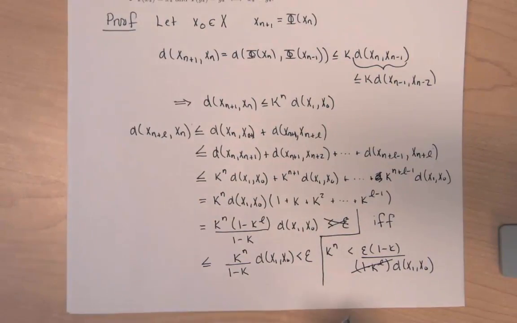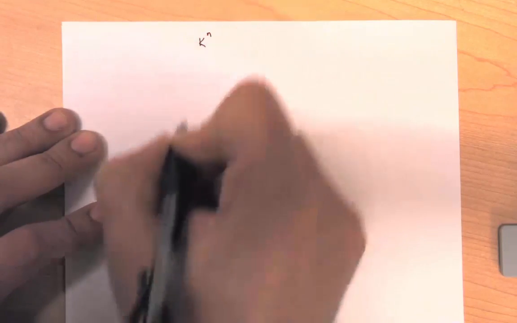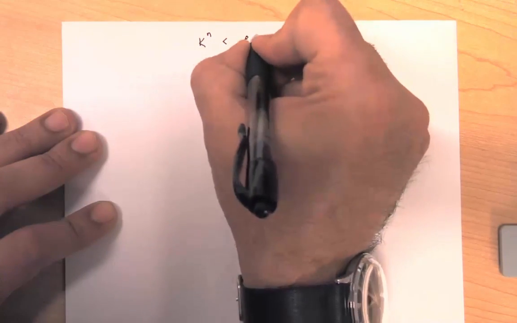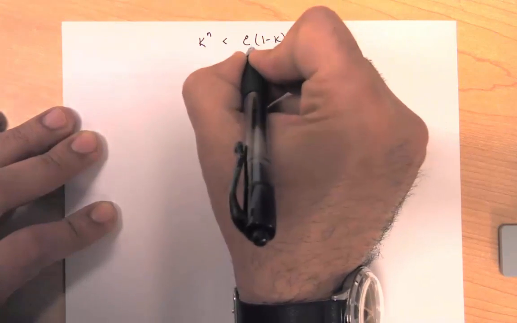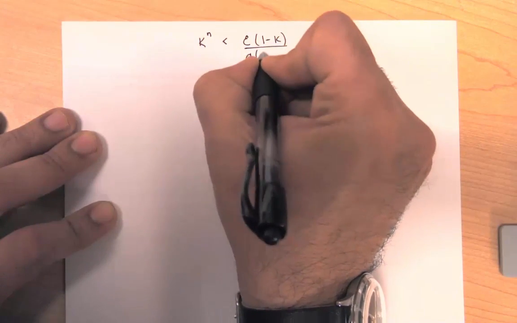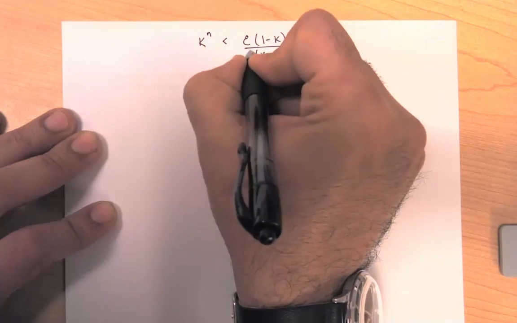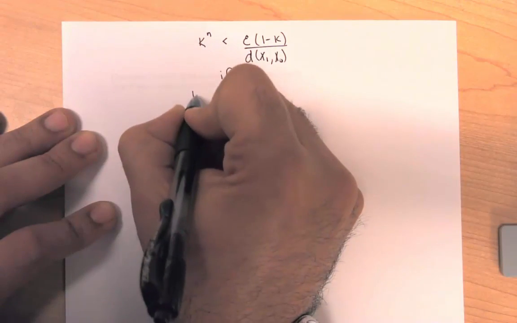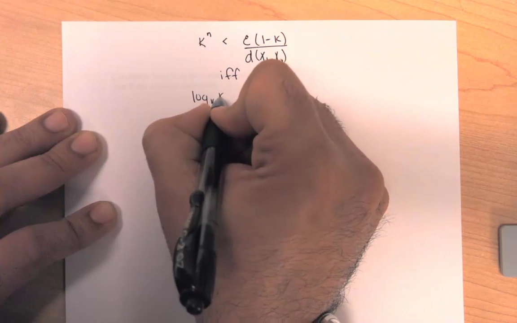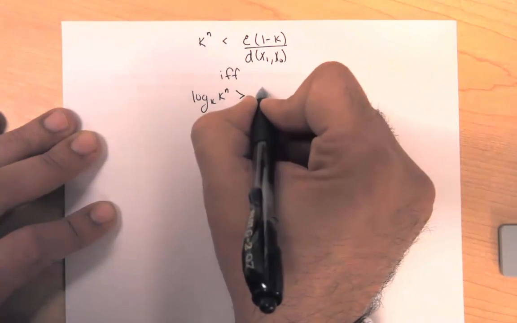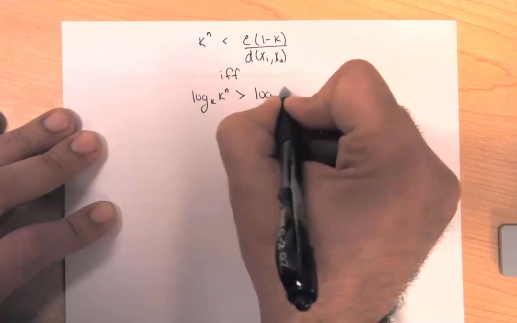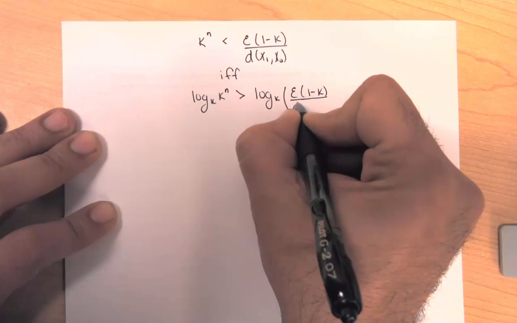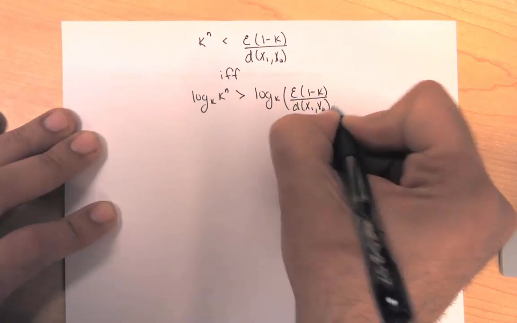Now we can continue. This is much better. Well, k to the n is less than epsilon times 1 minus k divided by the initial distance if and only if the log base k of k to the n is greater than the log base k of epsilon times 1 minus k divided by the distance between x_1 and x_0.